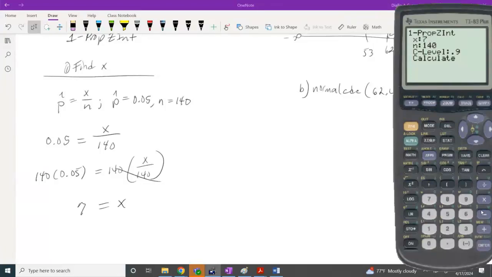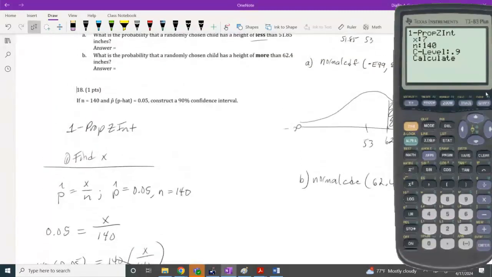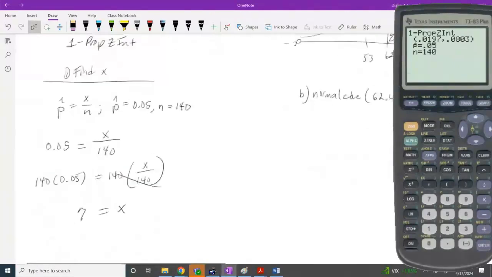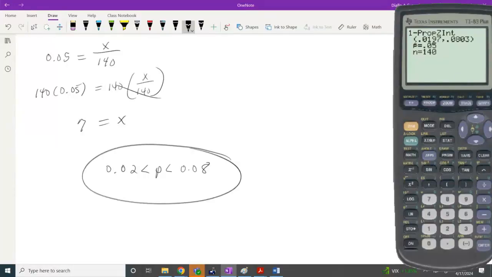N is 140. The confidence level is 90%, which is 0.9. And then if we calculate, we get the confidence interval, which is 0. I'm using one prop z interval.